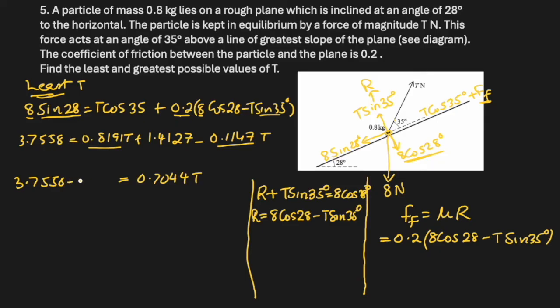But on the left side we'll have 3.7558 minus 1.4127. This one went to the left side.